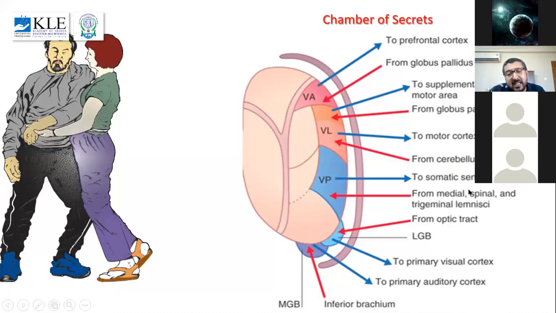You can see very clearly that the information is coming from the medial lemniscus. You don't need to really worry about that. That's the dorsal column. Spinal lemniscus and the trigeminal, basically the pain and temperature pathways. They all go towards the ventroposterior area, and from there it will project towards the somatic sensory cortex.